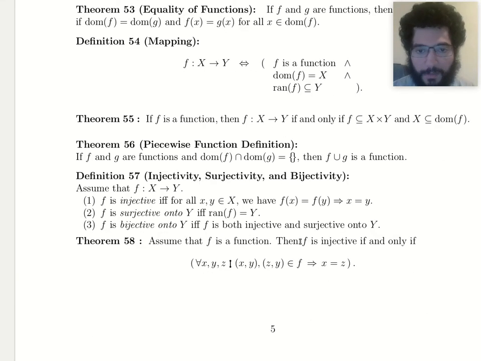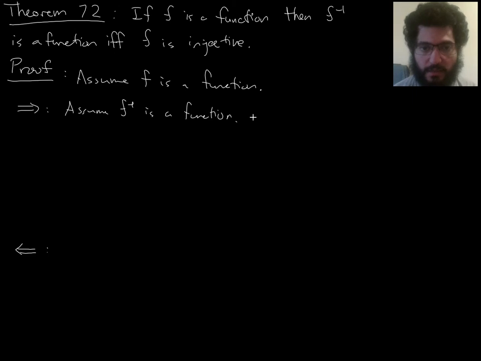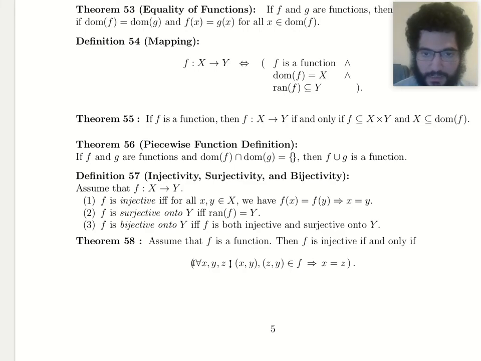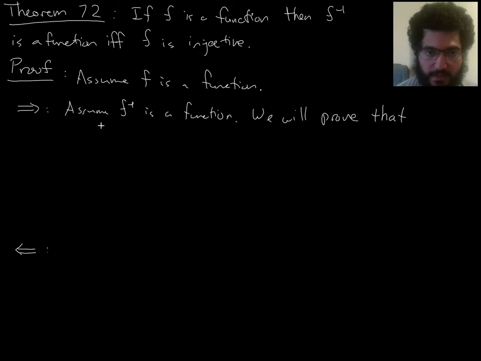Okay, so I'm going to show f is injective by showing this. So let me write down what I'm going to show. So we will prove that, for all x, y, z, if the pairs x, y and z, y are elements of f, I'm trying to prove f is injective.